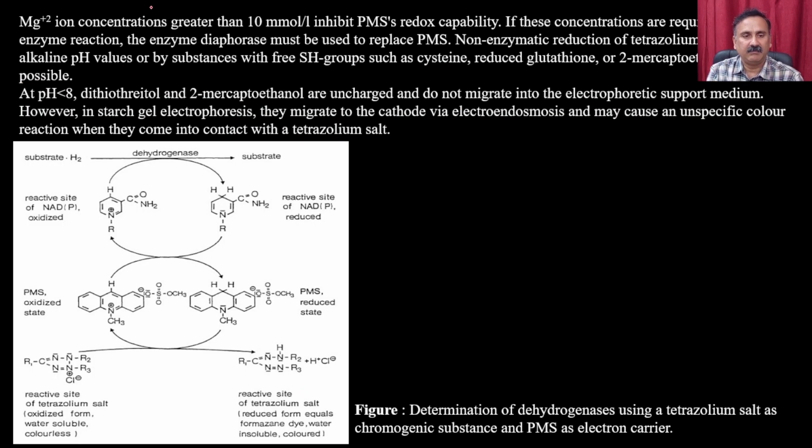In this system you have the substrate and hydrogen, and the substrate gets oxidized, and this hydrogen is going to be accepted by NAD plus, and that in turn is going to oxidize the PMS. While the PMS is going to receive this hydrogen, it is going to give that hydrogen back to the tetrazolium salt, and that's how the tetrazolium salt gets converted into the reduced form, and the reduced tetrazolium is going to give you the color.